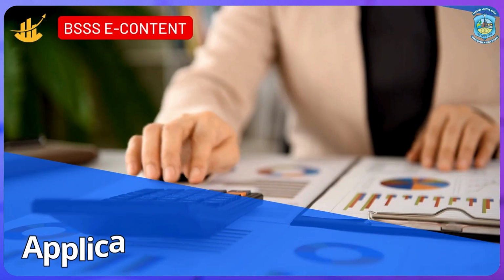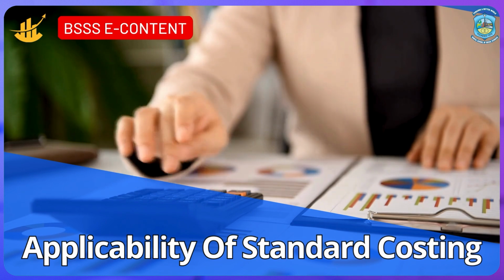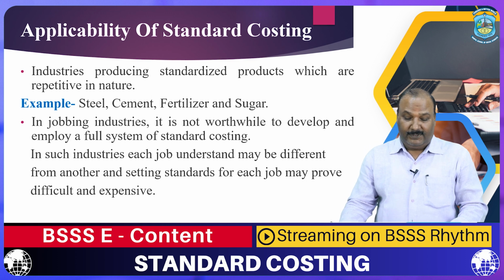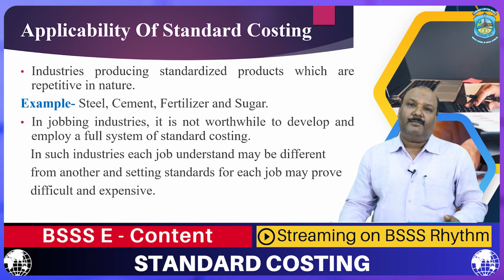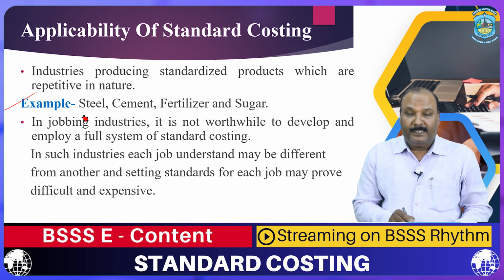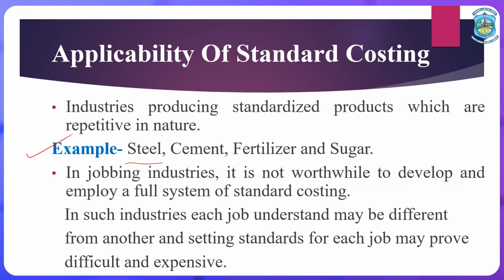Now, we will discuss the applicability of standard costing, where it is applicable. It is applicable to industries producing standard products which are repetitive in nature, where the same product is produced. For example, the steel industry, where the same kind of product is produced, the cement industry, fertilizer, and sugar industries.